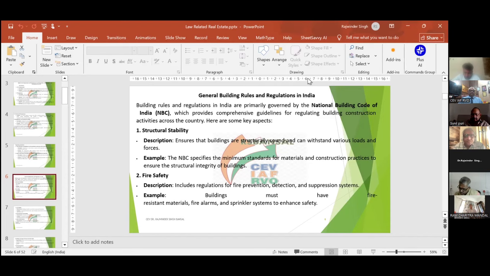As an engineer or as an architect, you might have done design of RCC buildings, for which you have code IS 456:2000, and for design of steel structures you have code IS 800:2007. All these codes are incorporated in this National Building Code. They are part of National Building Code 2016.